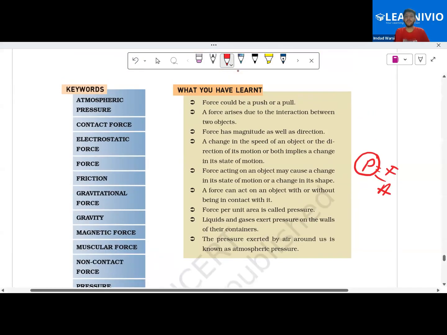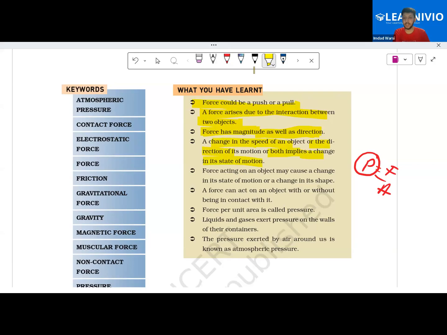Let's see the key points. Force can be a push or pull. A force arises due to interaction between two objects. Force has magnitude as well as direction, so which quantity would it be? Force has a magnitude and a direction both, so it would be a vector. A change in the speed of an object or the direction of its motion both implies a change in the state of motion.